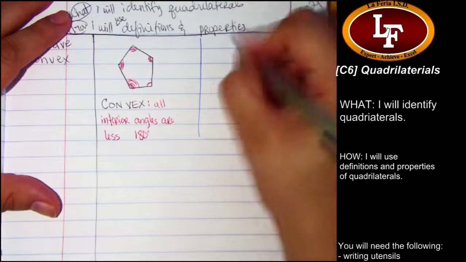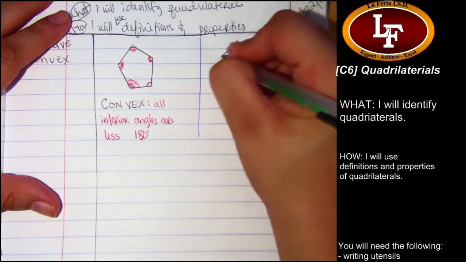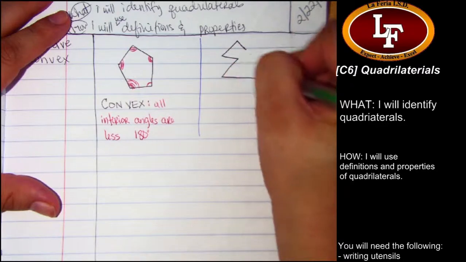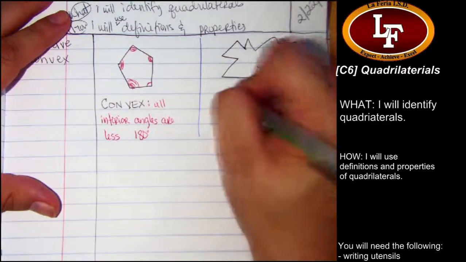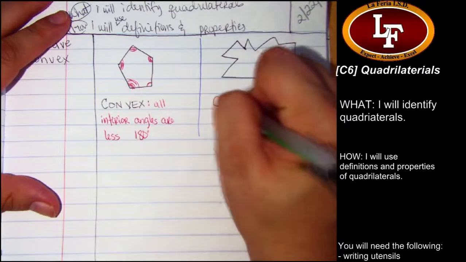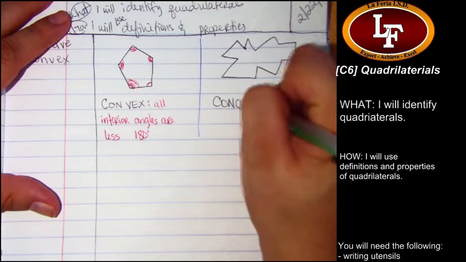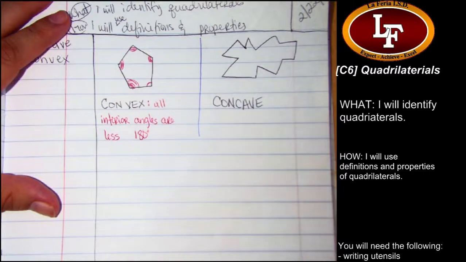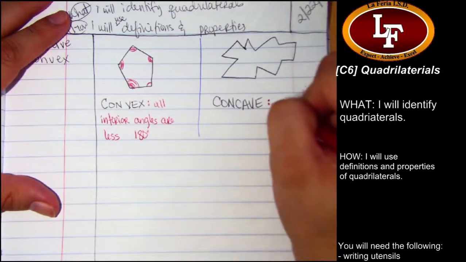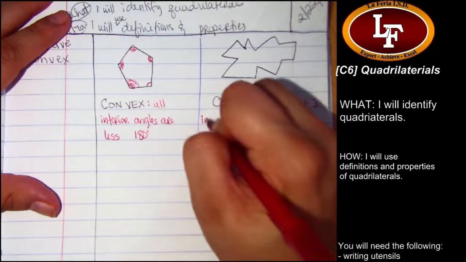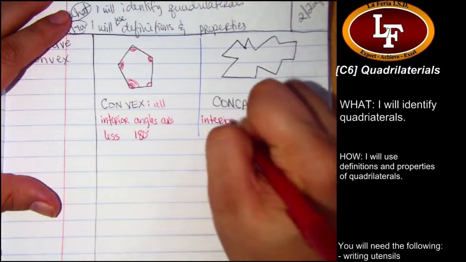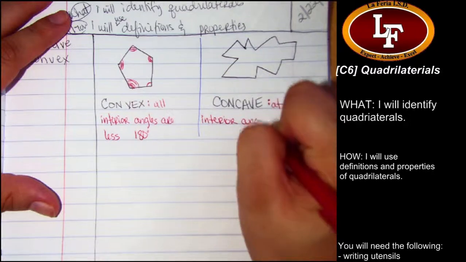The other type that we have is a polygon that looks something like this. That's concave. Yep, this one is indeed a concave polygon. And what's happening here is that we have at least one of these interior angles having a measure that is bigger than 180 degrees.